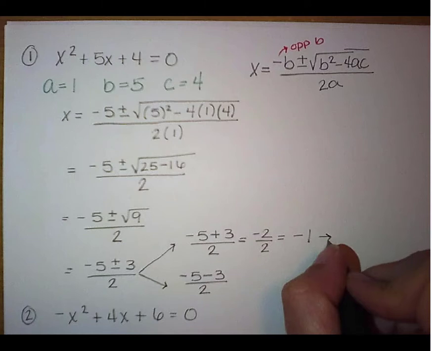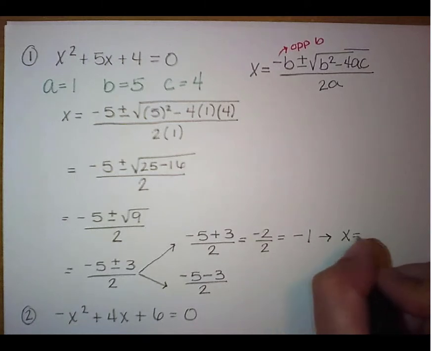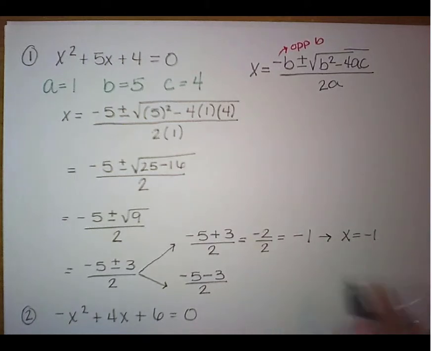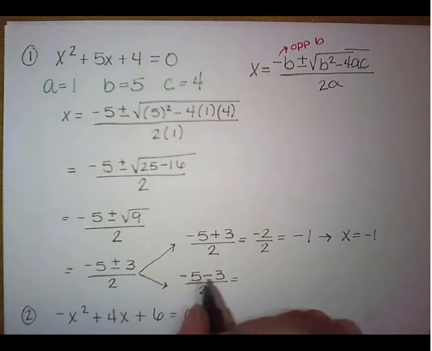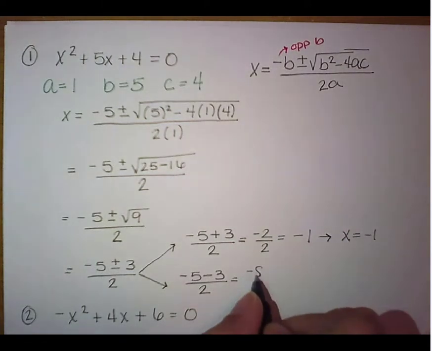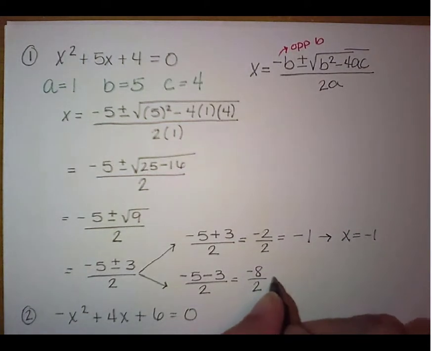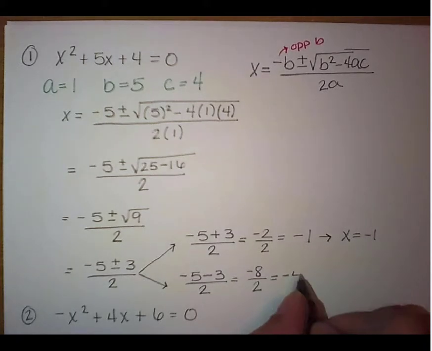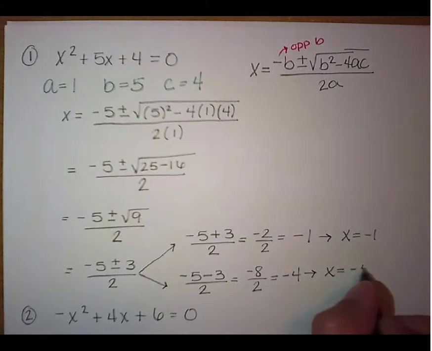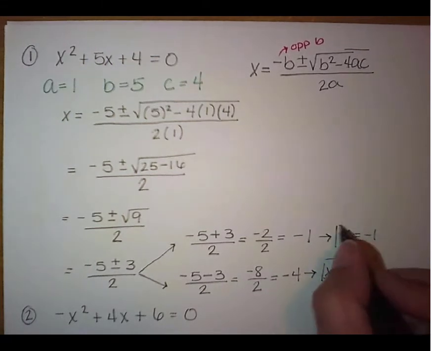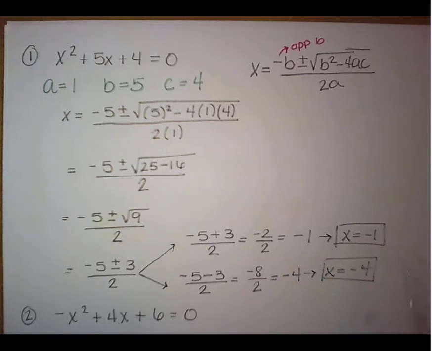So one of our answers is that x is equal to negative 1. Here we're going to do the same thing. Negative 5 minus 3, that's going to give us negative 8 divided by 2. That's going to give us negative 4. So our second answer is x equal to negative 4. So these are our two distinct answers we got from using the quadratic formula.